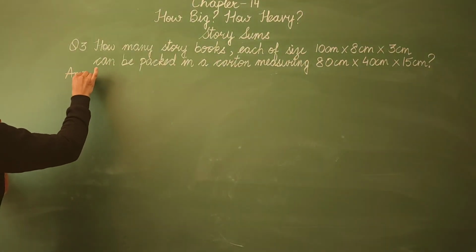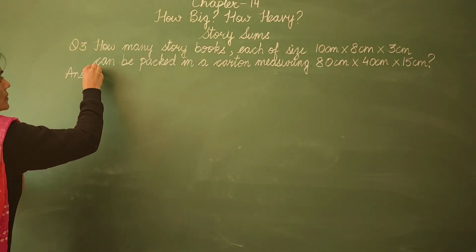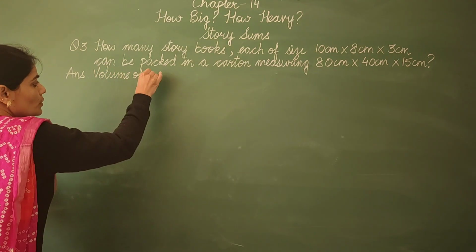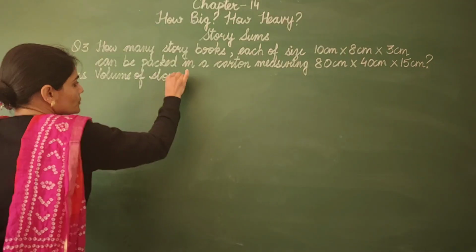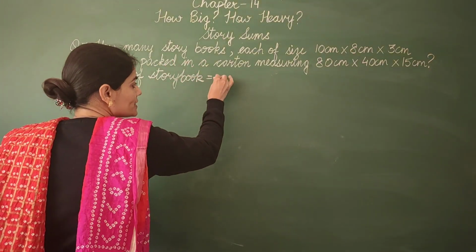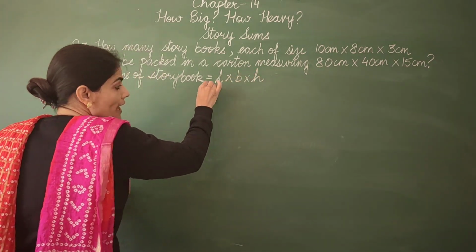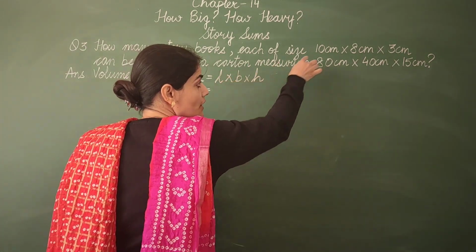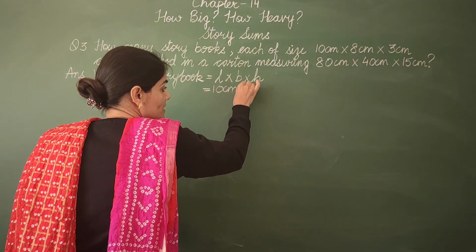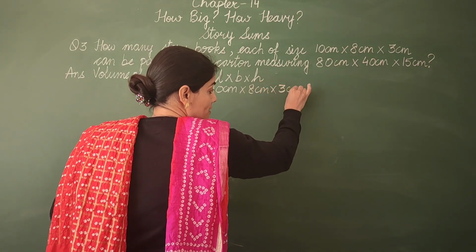So let's begin with the answer now. First we will find the volume of the storybook. So volume of storybook is equal to, as it is cuboidal in shape, L into B into H. And we assume the dimensions are given in the same sequence. So I write here 10 centimeter by 8 centimeter by 3 centimeter.